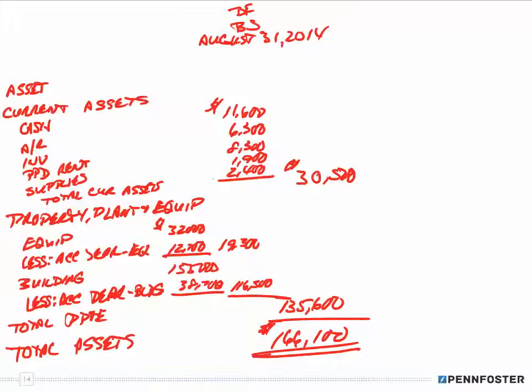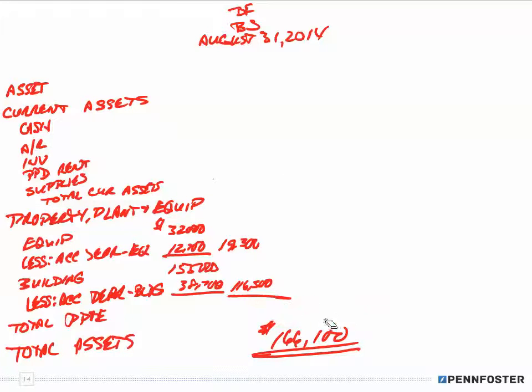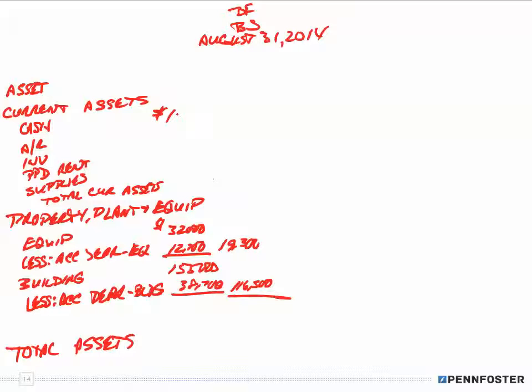And to make things a little bit more presentable, I'm going to erase now and go back to what we had before. In other words, I'm going to take out the total property, plant, and equipment here, and I'm going to put this information back. And so this here was 6,300, 8,300, 1,900, and 2,400.